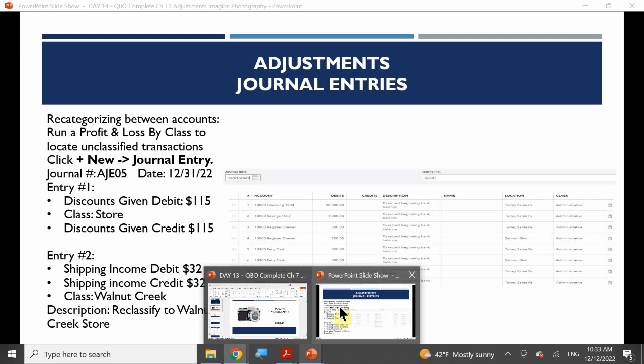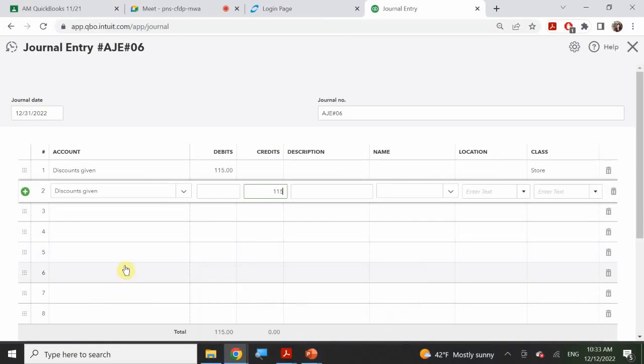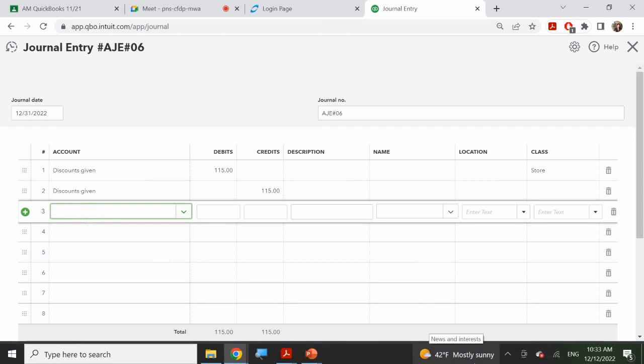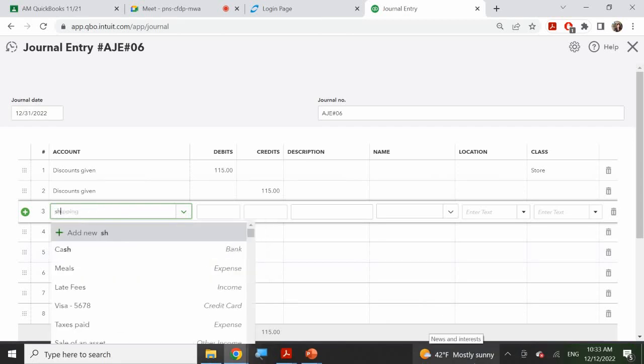Expenses are normally debited as well. So in this case, because it is an expense, we're going to debit the balance and we're going to credit it for $32, and then we're going to assign it to the Walnut Creek. So in this case, shipping cost.